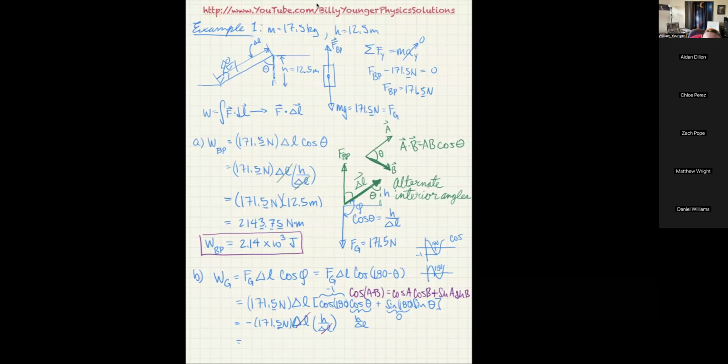So we get a negative 2143.75 newton meters, and 3 of those are not sig figs. Therefore, we can say the work done by gravity is equal to negative 2.14 times 10 to the third joules.